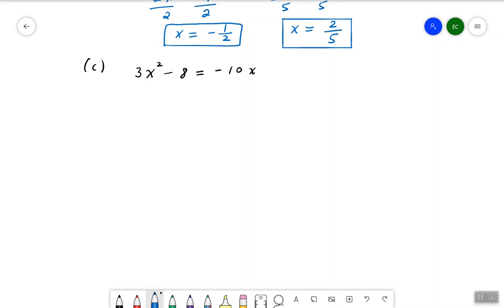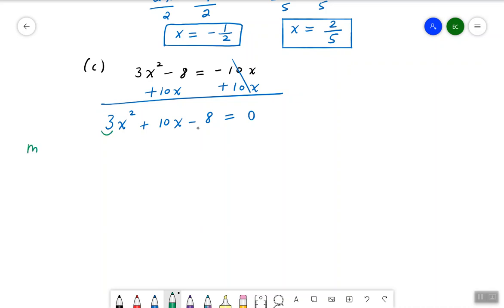Remember, the first thing that we need to do is set the equation equal to 0. So we're going to add 10x to both sides. And we're going to order the terms from the highest power on the variable, 3x squared, and now 10x to the first, and now the constant last. And we have that equal to 0.